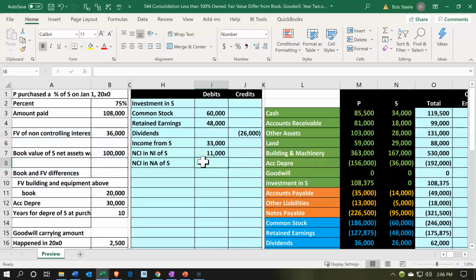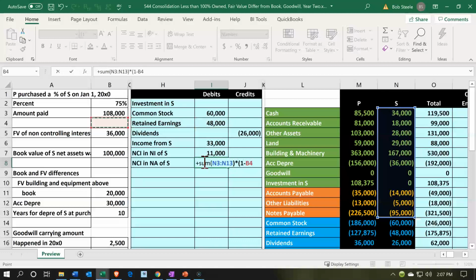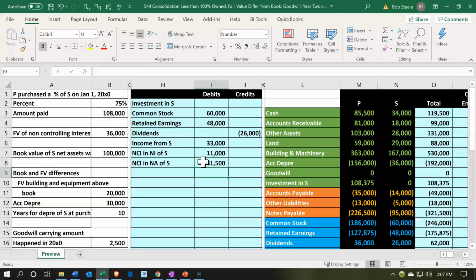So I'm going to say then the 126 times the non-controlling interest portion, or the 25%, which we can calculate as equal to the sum of the assets minus liabilities, and then times, I'm going to say brackets 1 minus that 75. So we can use our formulas times 25% in essence. So there we have the 31, and it should be a credit, by the way. Sorry about that. It should be over here, a credit.